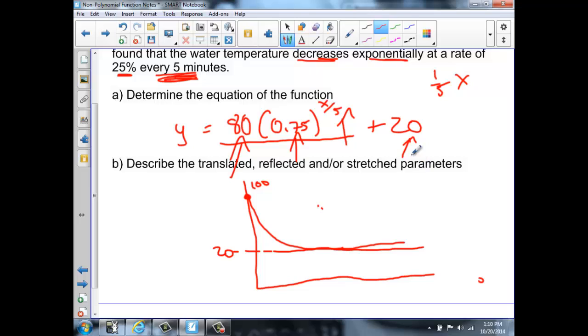So this x over 5 means pull your graph out 5 times further. In terms of vocabulary, I'd say it's stretched 5 times horizontally, 80 times vertically, and then you moved it up 20 units. That makes sense? Okay. Go take a break.